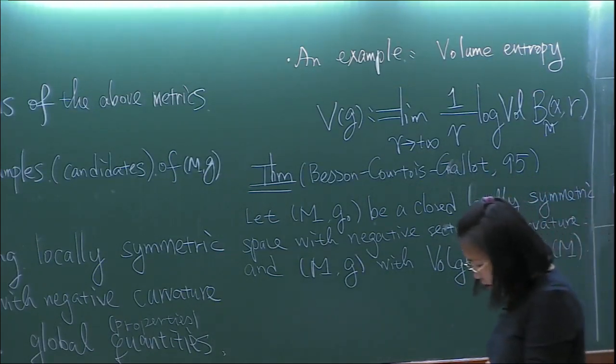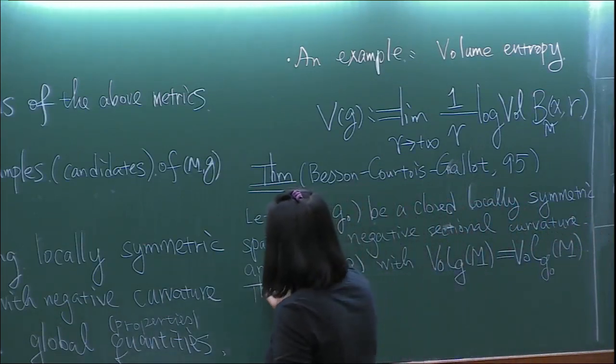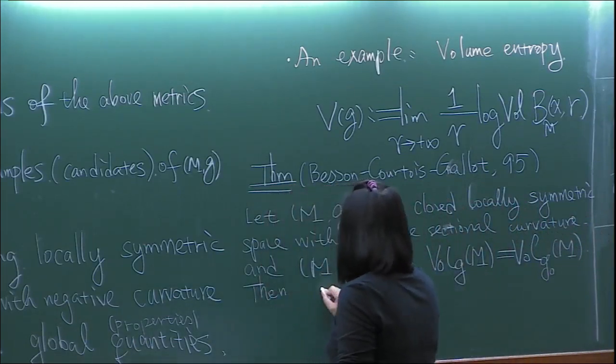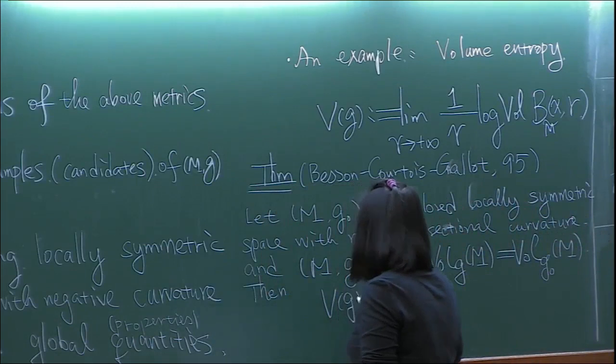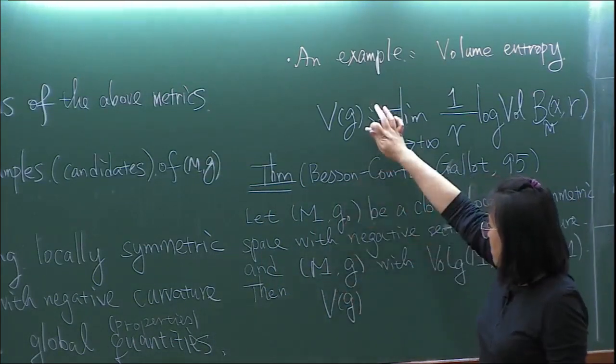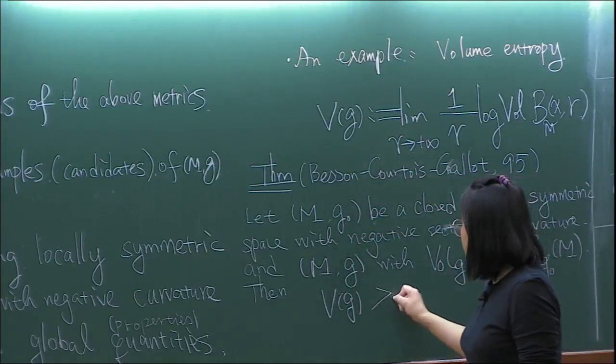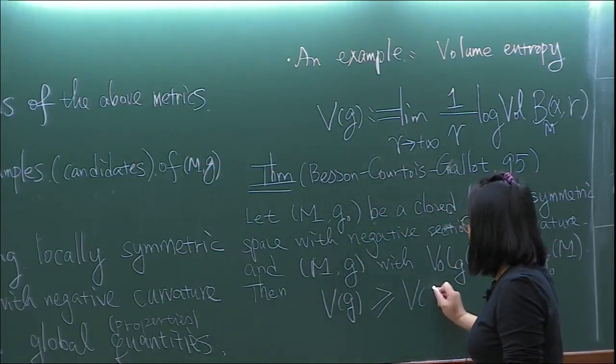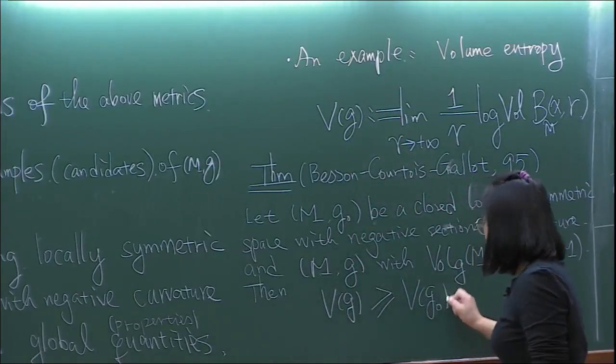Okay, with this assumption, actually you always have h_g, the volume entropy of M in metric g, is bigger than or equal to the volume entropy of g_0.